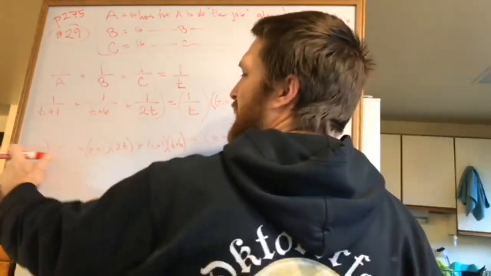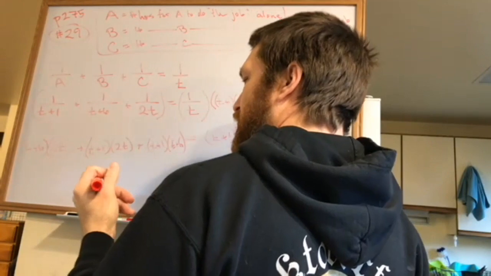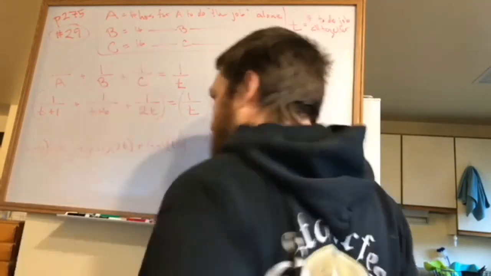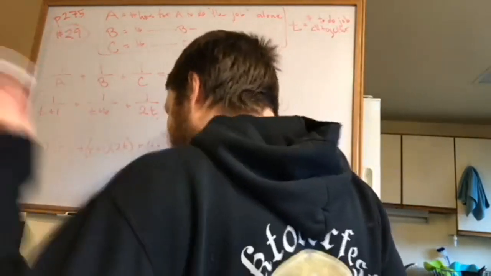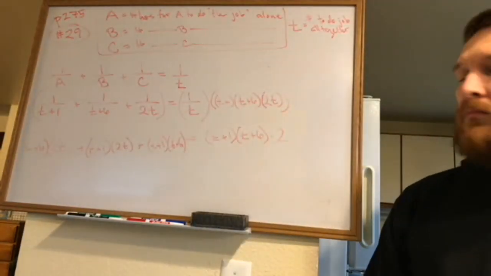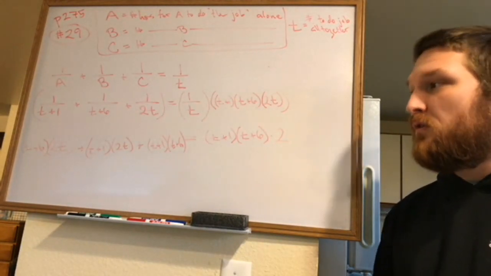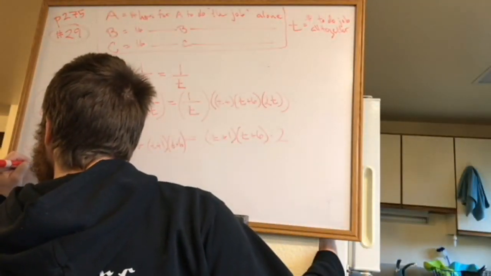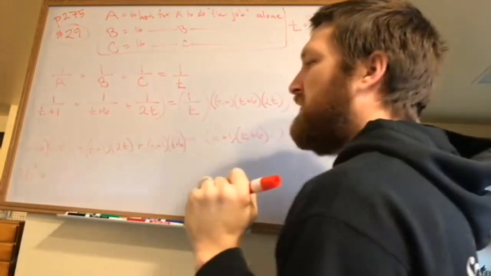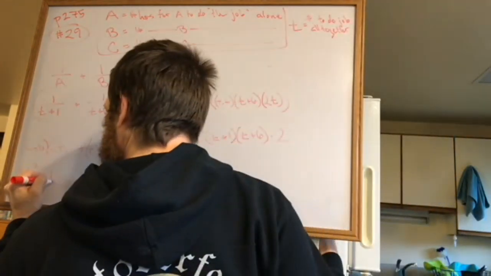What do we get when we multiply these guys out? You would get 3t, I think. No. Hold on. You'd get 2t squared. Good. 2t squared plus 6 times 2 is 12t. Good.